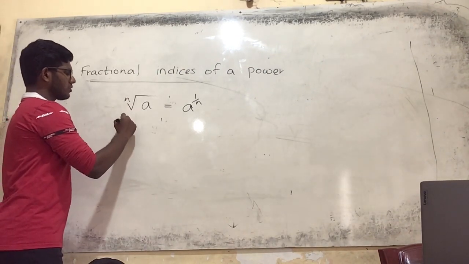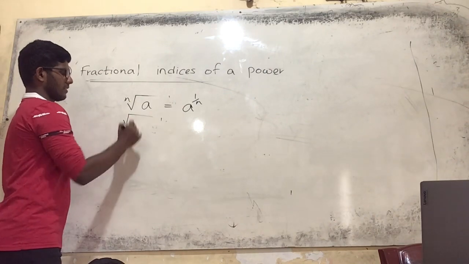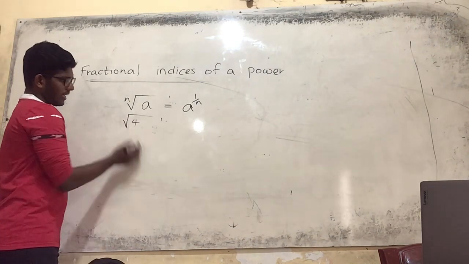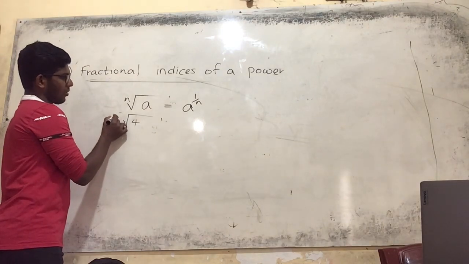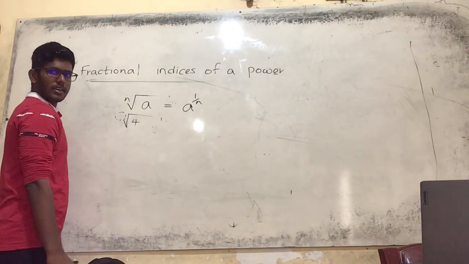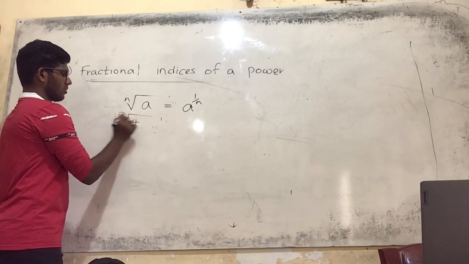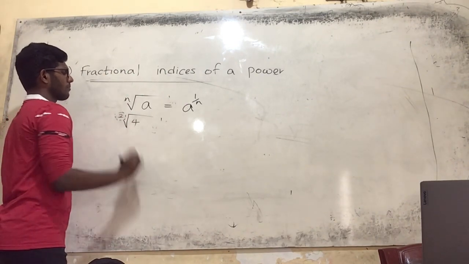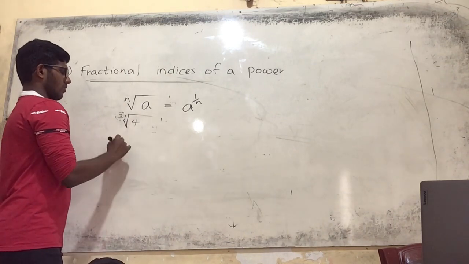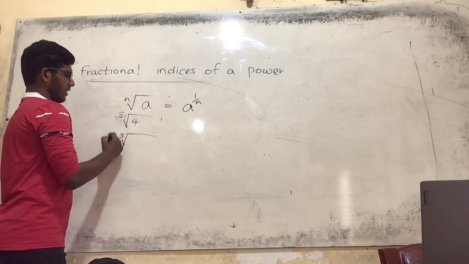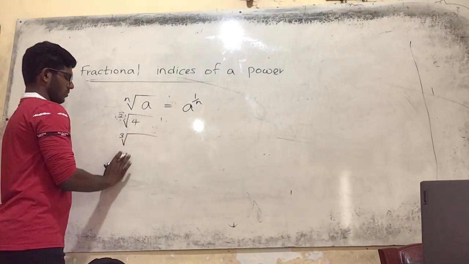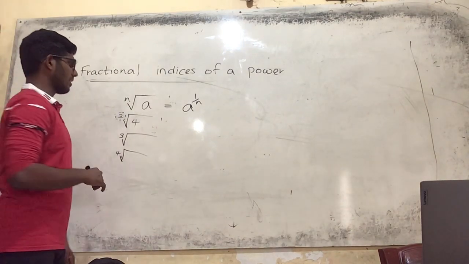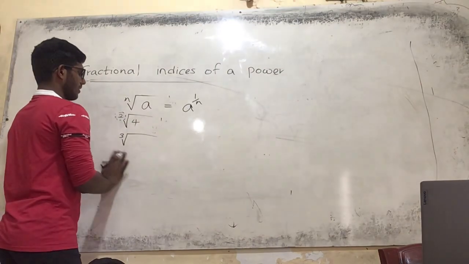We are used to it, like this, with a number inside, say 4. Whenever there is no number written here, we take it as a square root, so you can think of it as 2. Or else you will have a number, say 3, or 4, 5, 6, 7, 8, any number in the world.